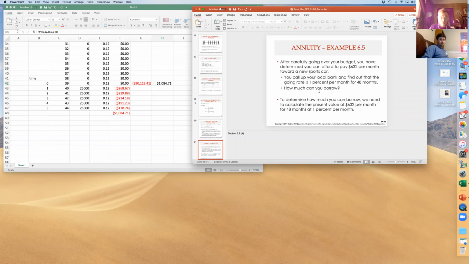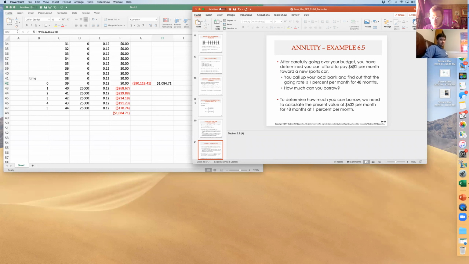Now this is one that I really wish I had the board to show you a timeline with. But $632 per month, that is an annuity. It's a monthly annuity. So you call up your local bank and you find out that the going interest rate is 1% per month.